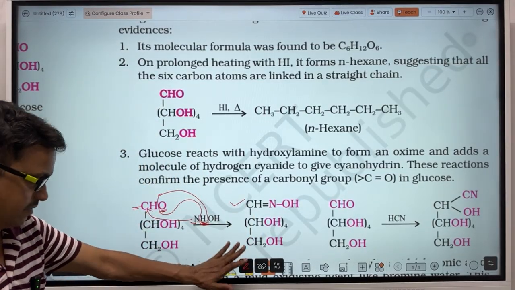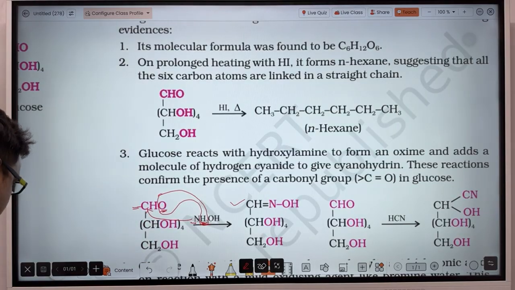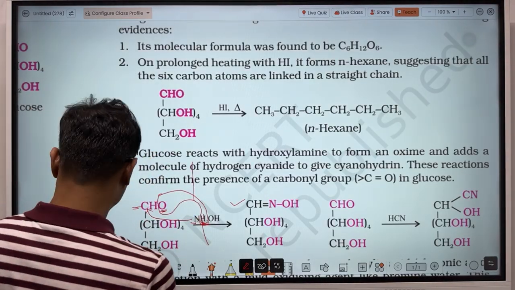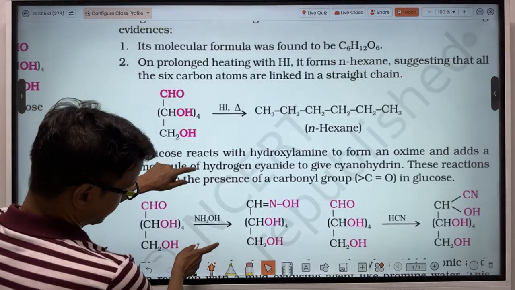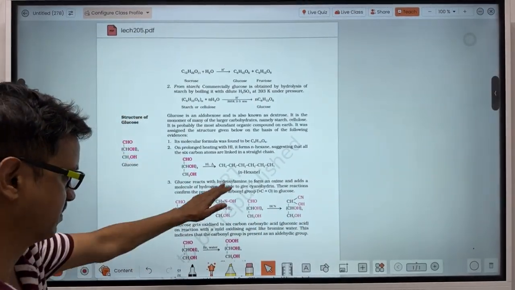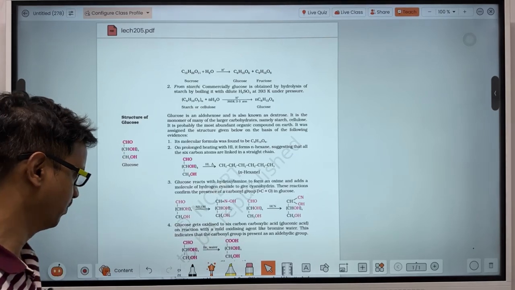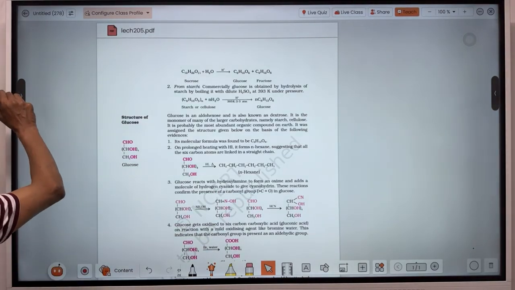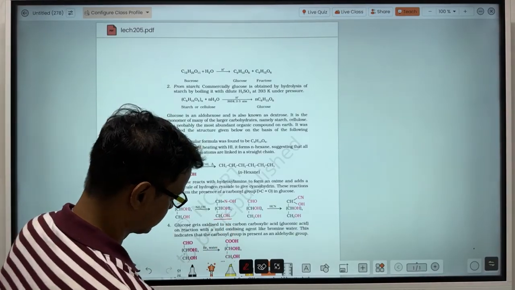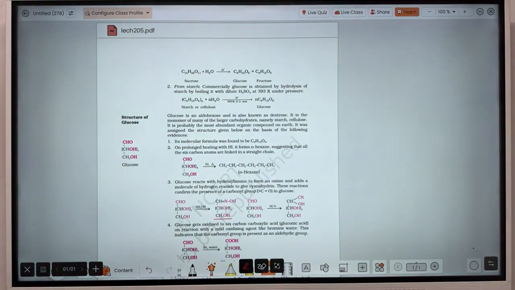It indicates that when glucose was reacted with hydroxylamine, there is formation of this compound, this oxime form. Since there is formation of an oxime, that indicates that glucose contains an acyclic carbon atom.